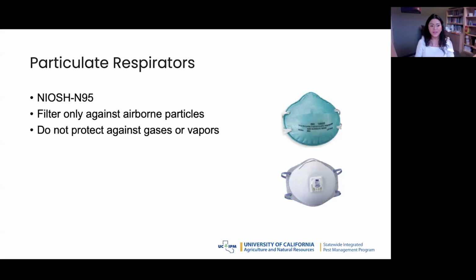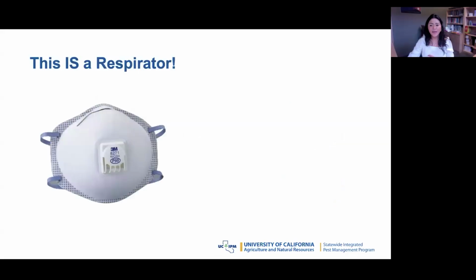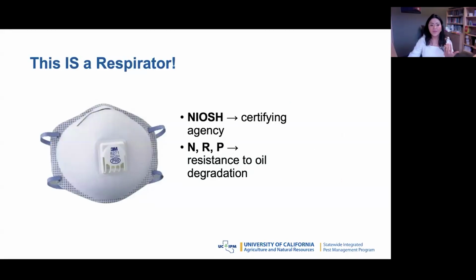These, as I said earlier, only protect against airborne particles, like viruses, but they do not protect against larger particles like gas or vapors. Because they're certified by NIOSH, they will typically have a lettering such as N, R, or P, which stipulates the resistance to oil degradation. And they also have a filter efficiency of 95, 99, or 100%.